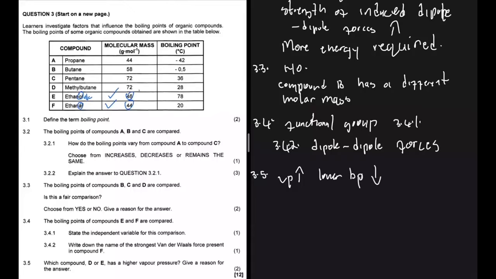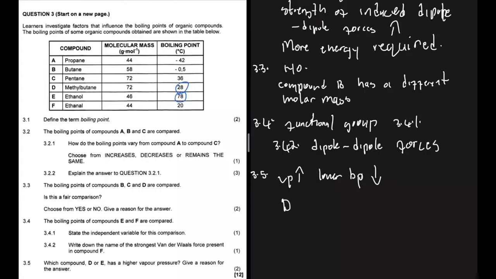So compound D, which is methylbutane, has a boiling point of 28, and then compound E has a boiling point of 78. So the higher the VP, the lower the BP. Compound D has a lower boiling point compared to compound E. So we're gonna say D has the higher vapor pressure.